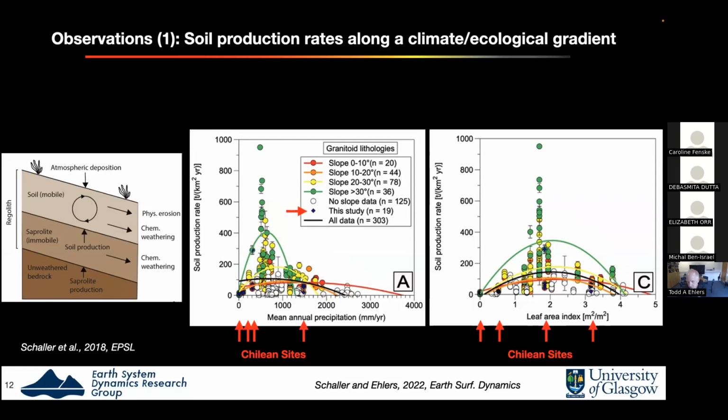And in addition, there are various hydrologic factors that influence the weathering occurring there. So that's one line of evidence suggesting that we have a mechanism for nonlinear interactions between biota and surface processes.